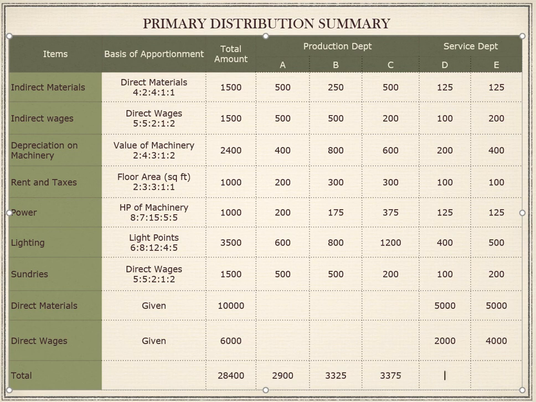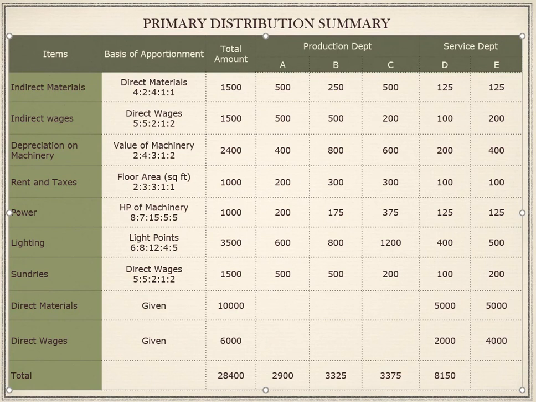Next one is with respect to department D, it is 125 plus 100 plus 200 plus 100 plus 125 plus 400 plus 100 plus 5,000 plus 2,000. The total is 8,150. The last column total is going to be E, 125 plus 200 plus 400 plus 100 plus 125 plus 500 plus 200 plus 5,000 plus 4,000.